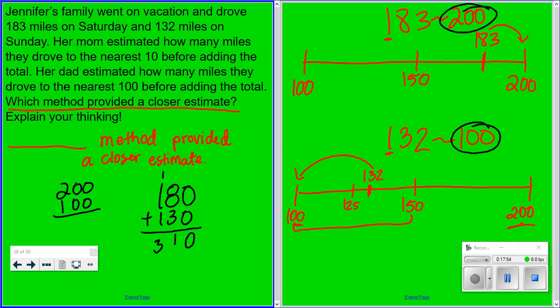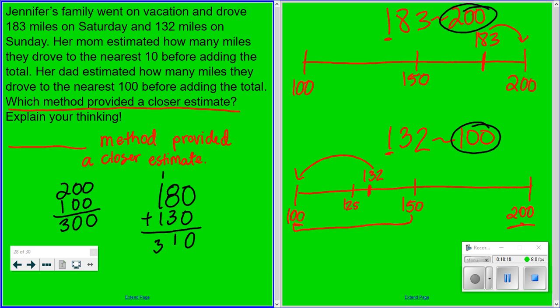Zero ones plus 0 ones gives me how many ones, Annabella? 0. Liam, 0 tens plus 0 tens gives me how many tens? 0. 2 hundreds plus 100 gives me how many hundreds, Arwen? 300.